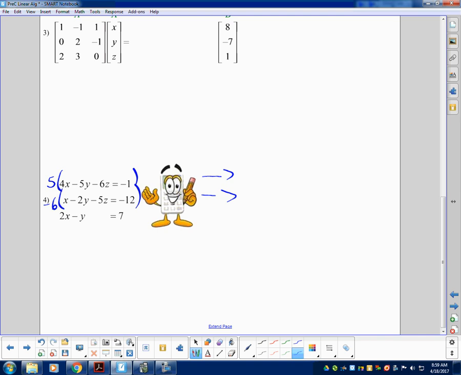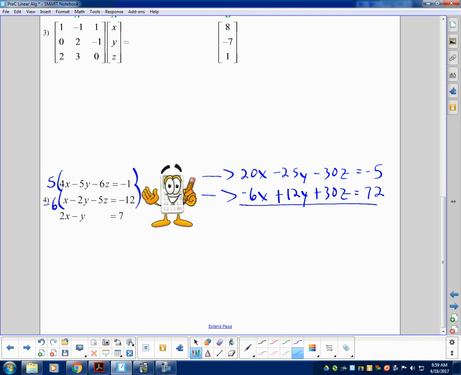Good. So my new equation would be 20x minus 25y minus 30z equals negative 5. You don't need to write this down. You've done this before. I think you could do it again. It's a good review, though. And then we have negative 6x plus 12y plus 30z equals 72.